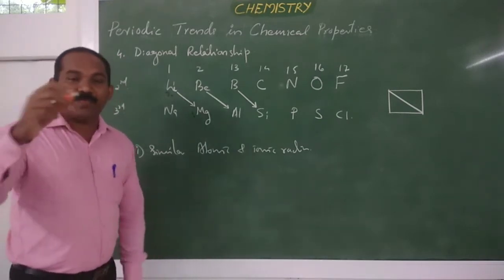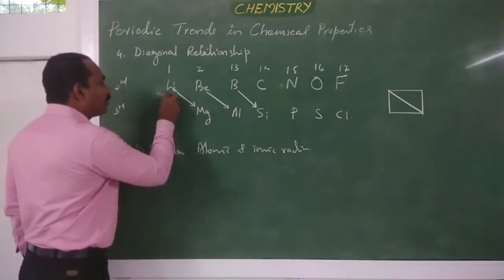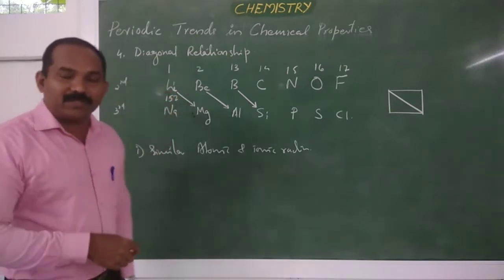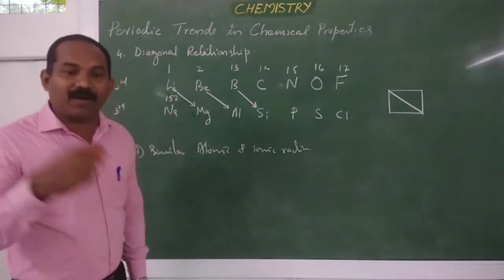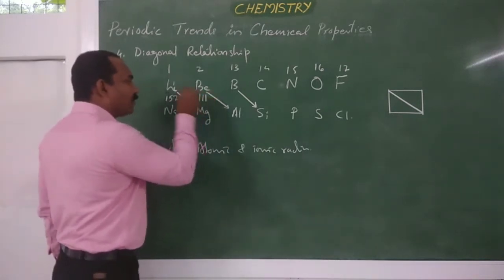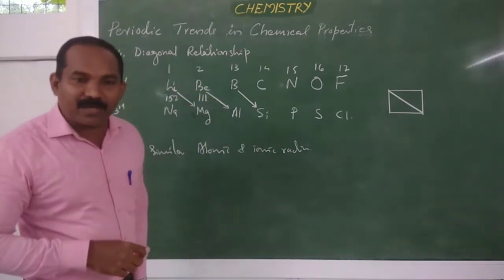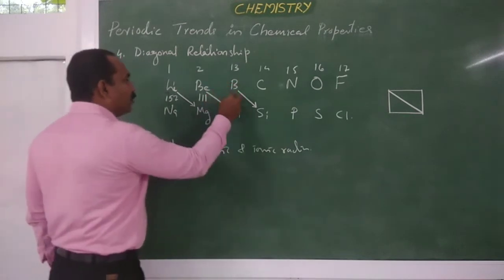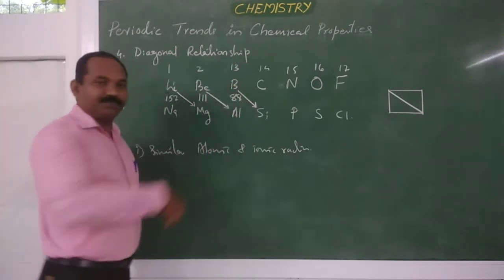Lithium, the atomic radius is 152, beryllium 111, boron 88.